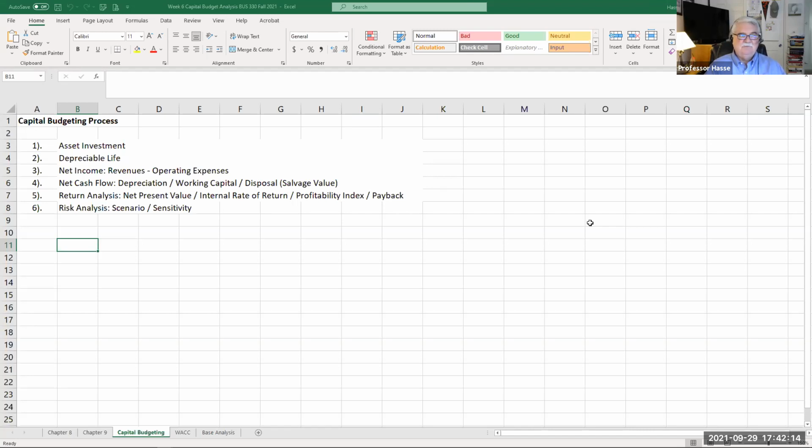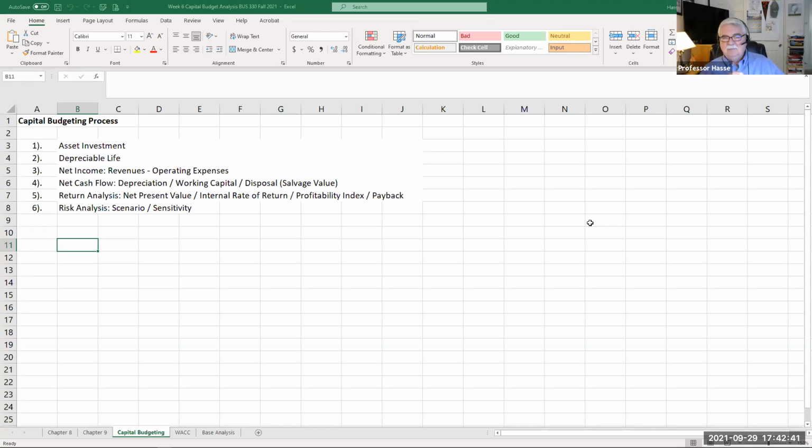How many years? 5, 10, 15, 8, 7, 20? And then what type of income is going to be generated from this investment over the depreciable life, and what will our operating expenses be? Operating expenses are designated by variable expenses and fixed expenses.